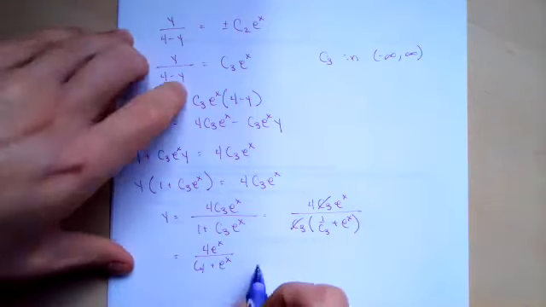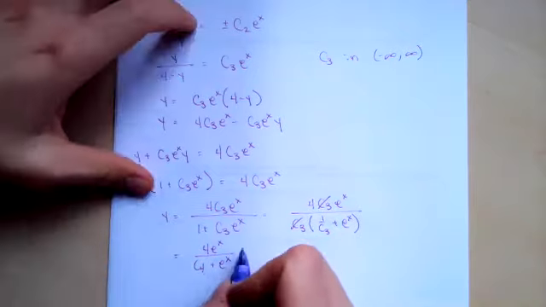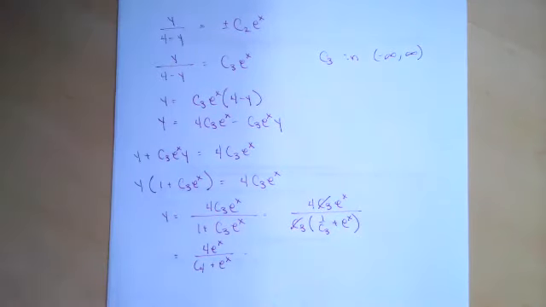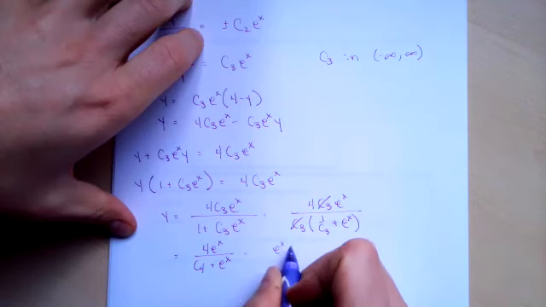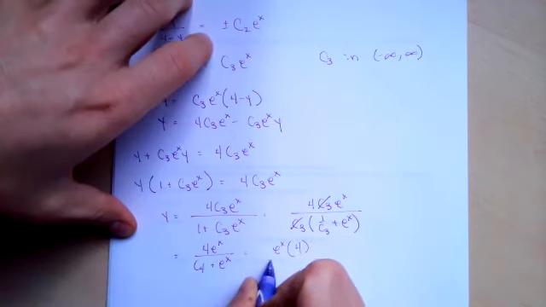Other ways you commonly see this, sometimes instead of having e to the x, we like to have e to the minus x in this expression for the logistic equation. So let's see what that looks like. We're really just going to factor out the e to the x from the numerator and denominator.